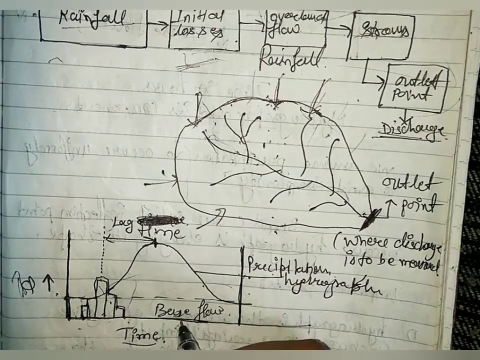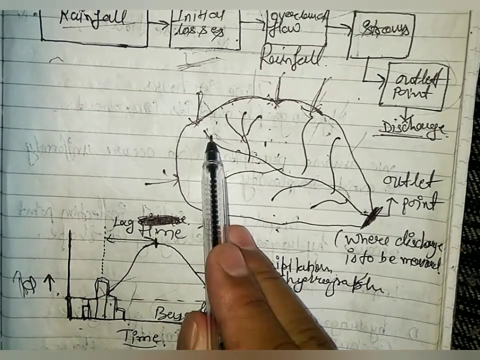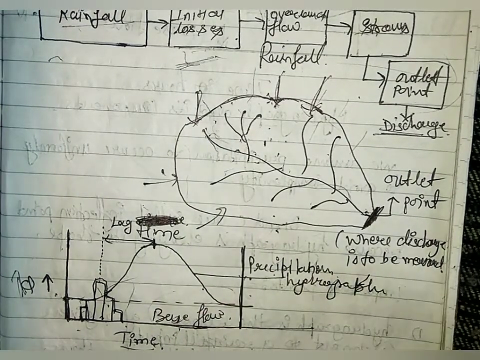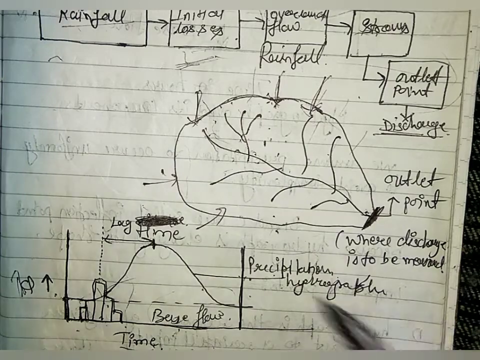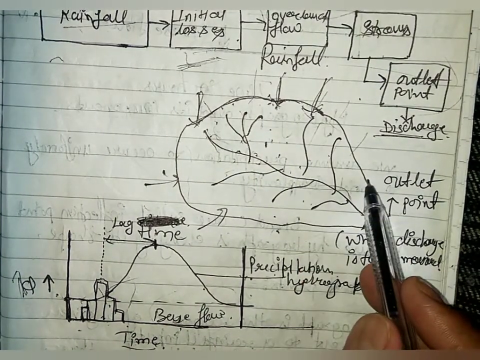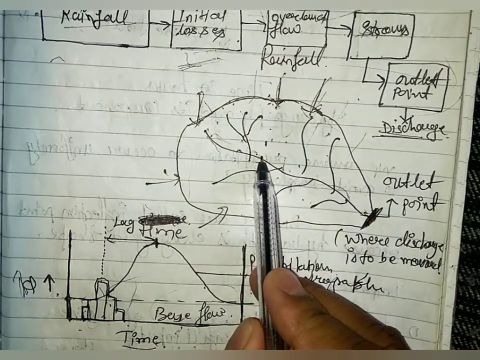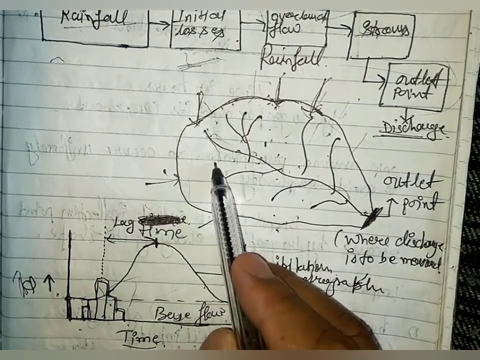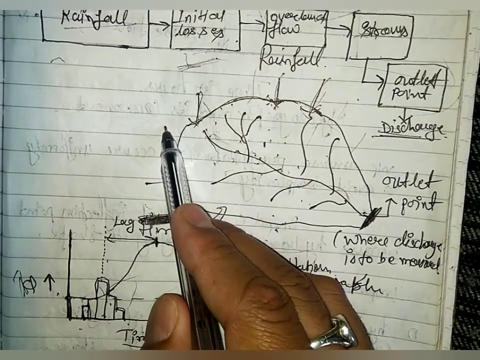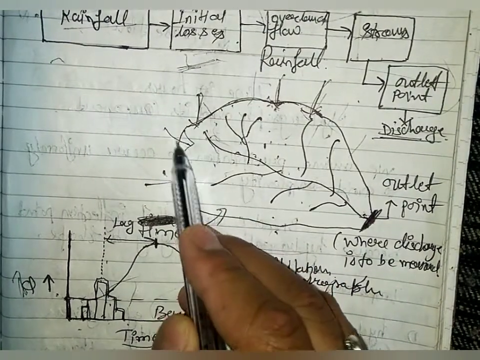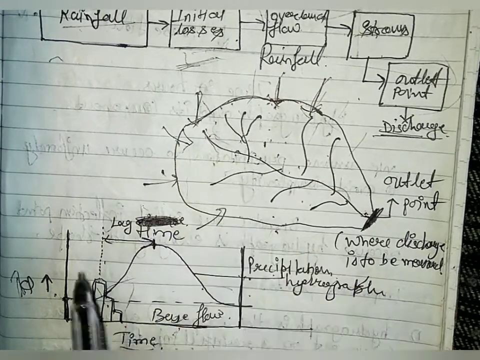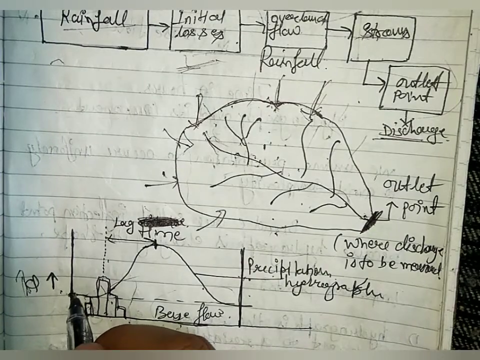Base flow is the water which is already present in the stream due to groundwater flow, before the precipitation. When the rainfall occurs, this rainfall is going to contribute additional water to this stream. So we can see here the graph is starting.